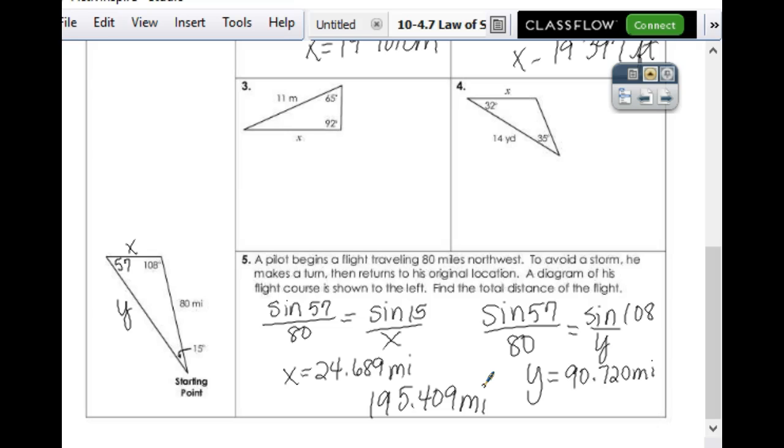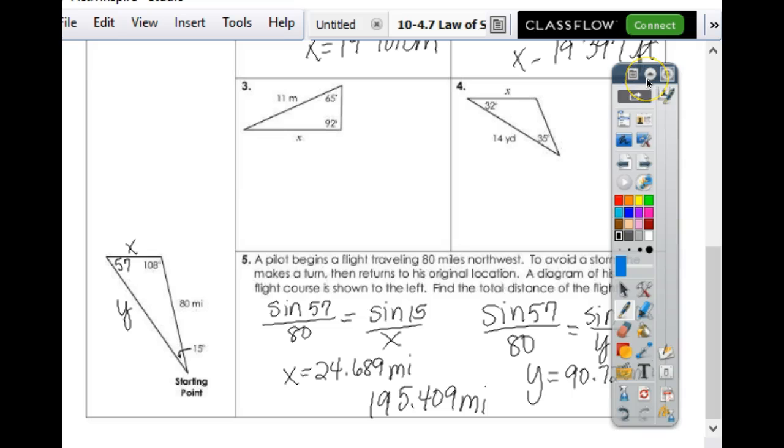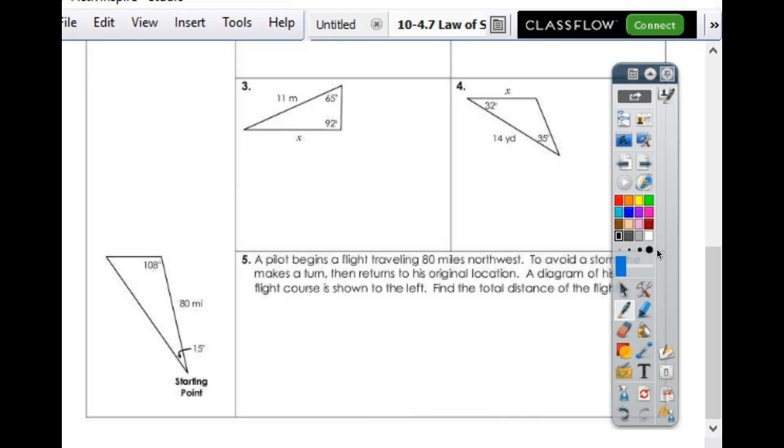Okay, so there is like one little wrinkle to it. The easy ones are the angle side angle cases.